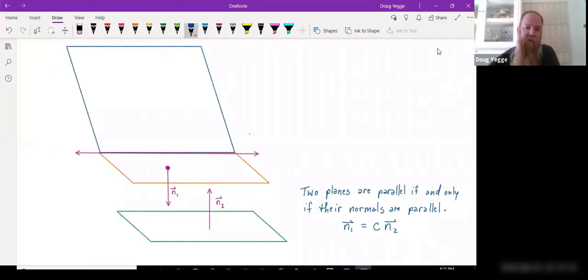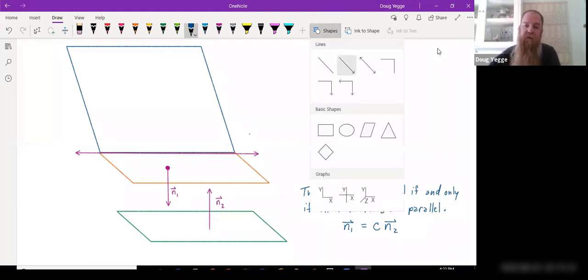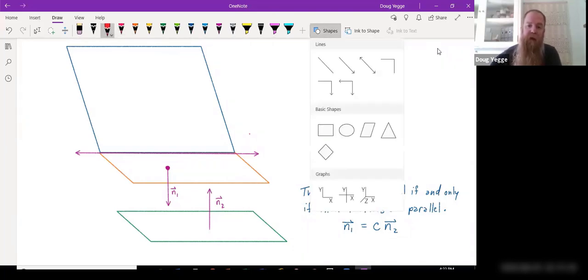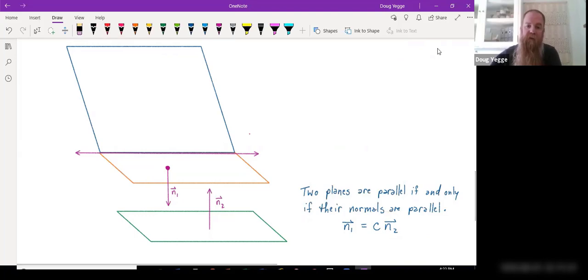But what if the two planes are not parallel, like the orange and the blue planes? How exactly could we find the line of intersection of the two planes? Well, there's one very interesting component to this as well. Let's say that we have a normal vector to the orange plane.